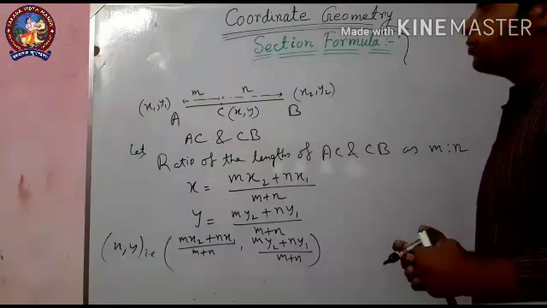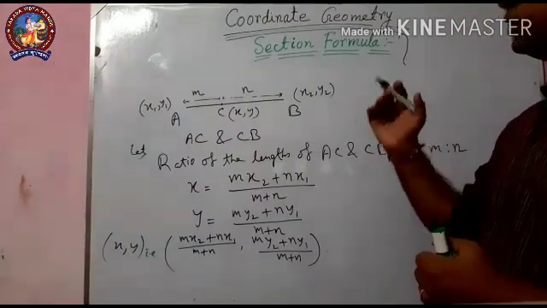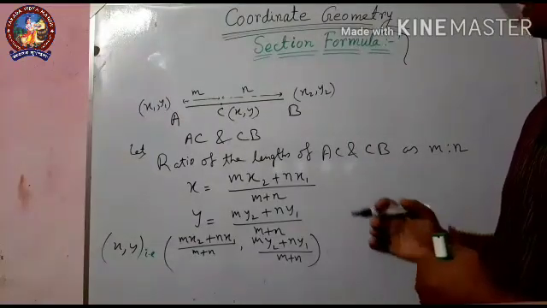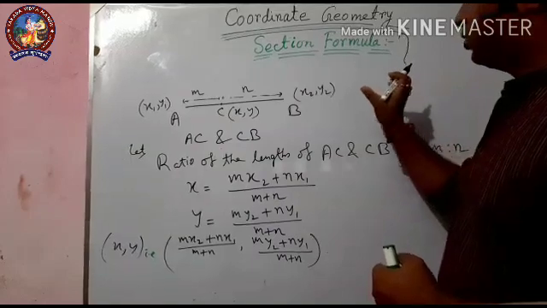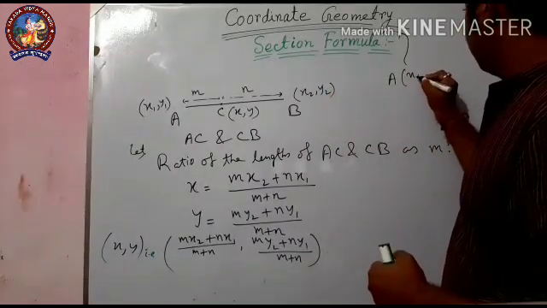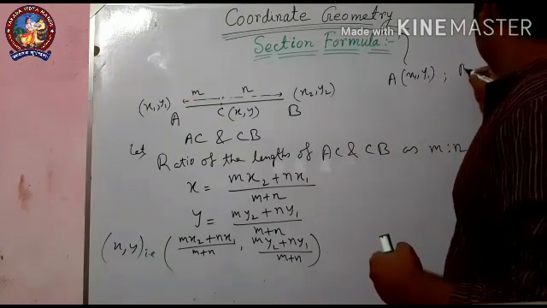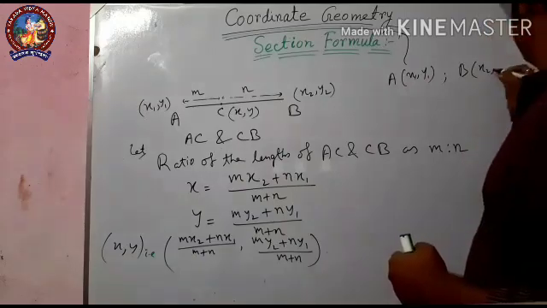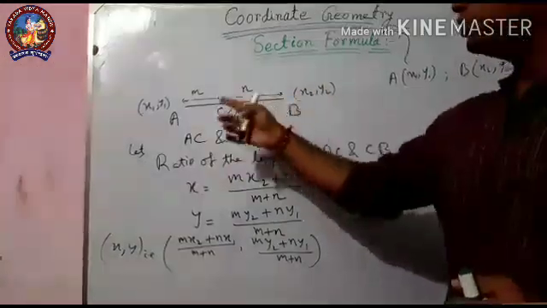So whenever you will be solving any problems regarding the section formula, you will be having two endpoints of the line segment, that is A x1 comma y1, B, that is x2 comma y2. These are the two endpoints of the line segment.